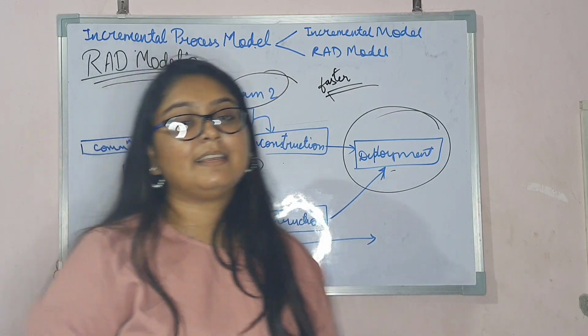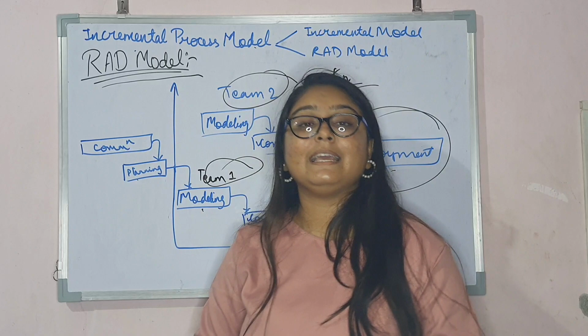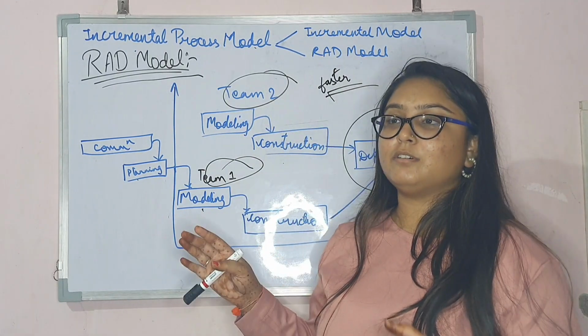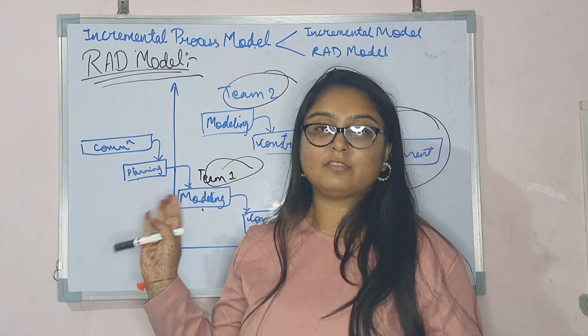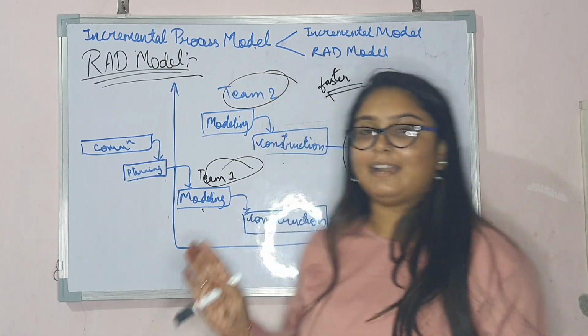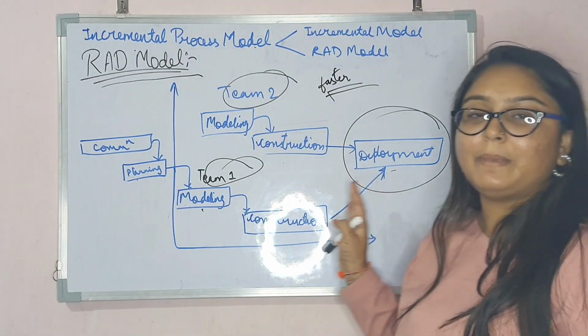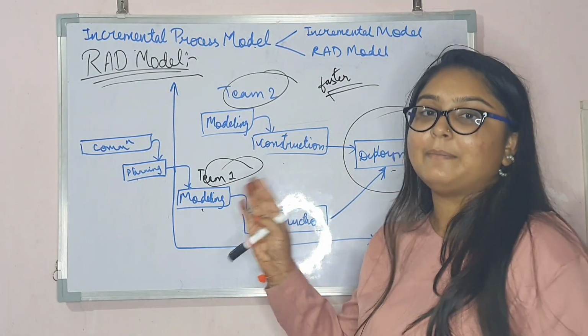And as it is the next version, incremental version of waterfall model, we get all the software at the end, that is deployment is at the end, and you won't be able to see the increments working up.